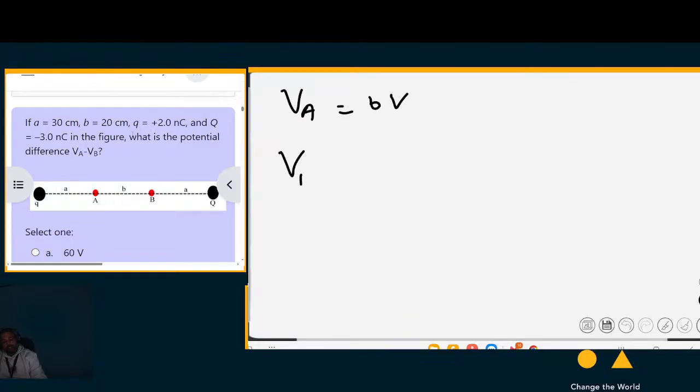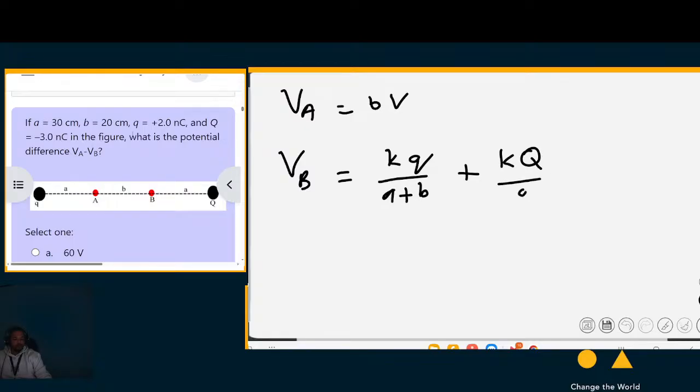We do the exact same thing for point B. Two charges are creating potentials at point B: the small q charge and the big Q. For the small q, it is a distance of A plus B away from point B, plus big Q, which is a distance of just A away.